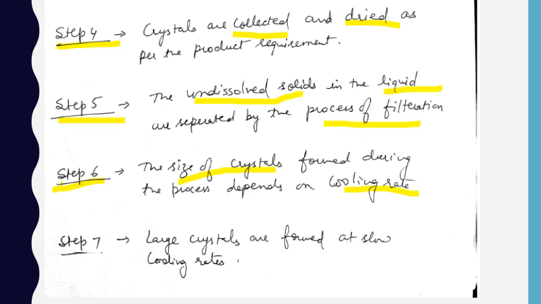Rapid cooling affects the size of the crystals. We should cool slowly so that we get an appropriate size of crystal. In step 7, large crystals are formed at slow cooling rates.